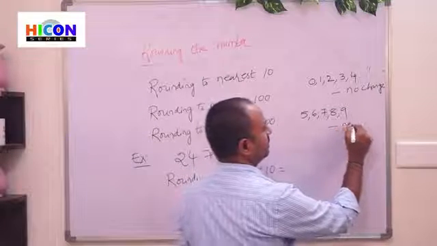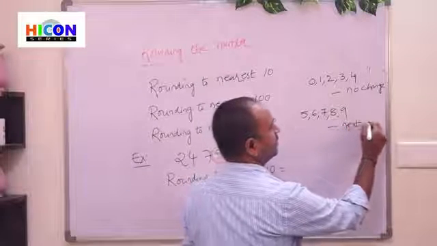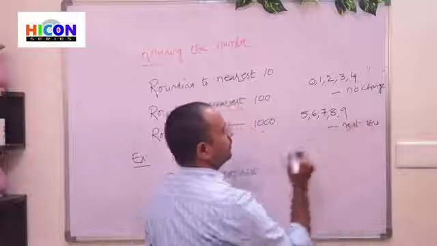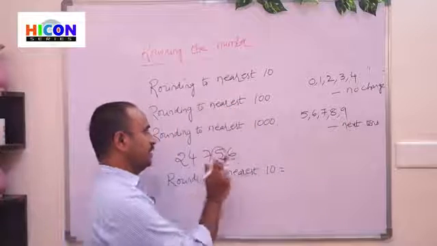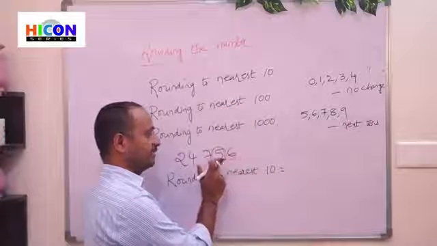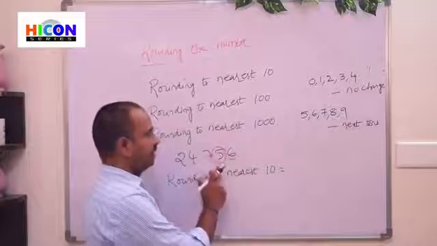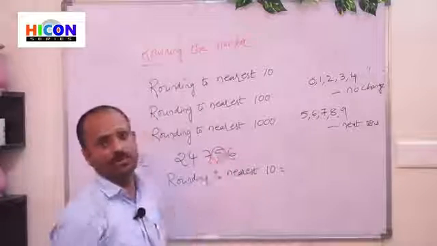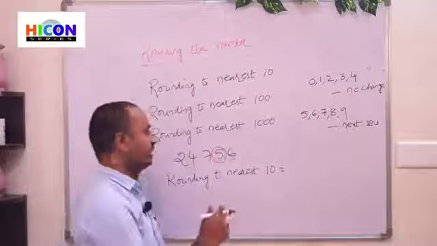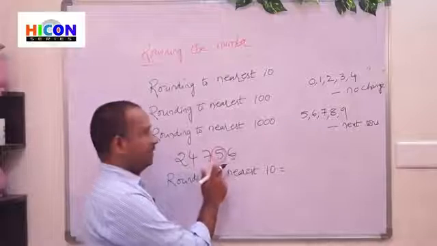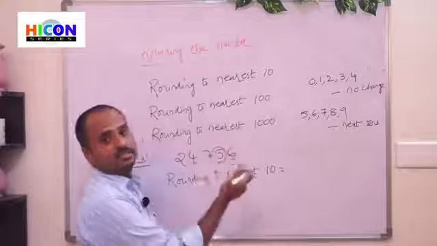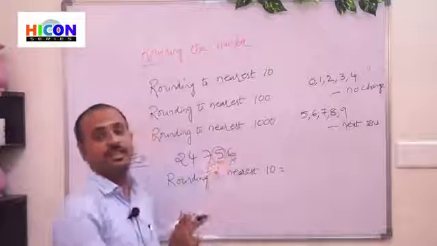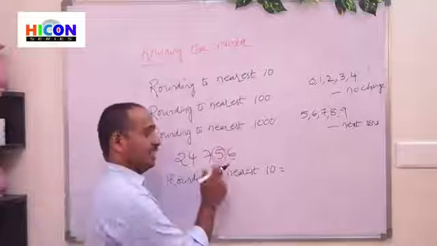Here the digit present in the tens place is 5, and its next digit is 6. So 6 is greater than 5. That's why write the next tens.